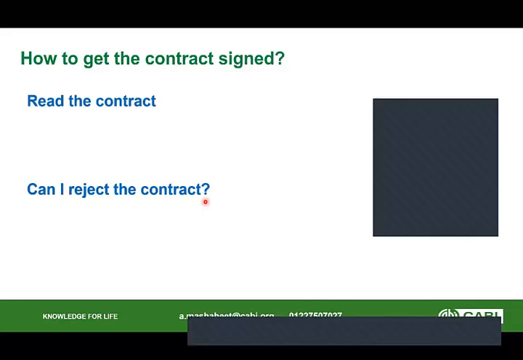This is not an option, because you do not want to read the contract at the end and find that there are conditions that you are sure you will not be able to comply with, but you also have no option to reject the contract.